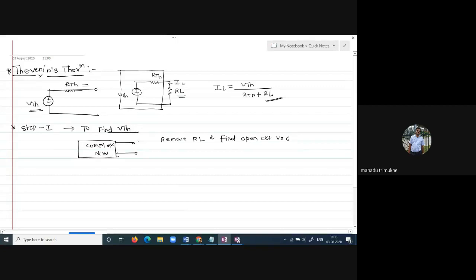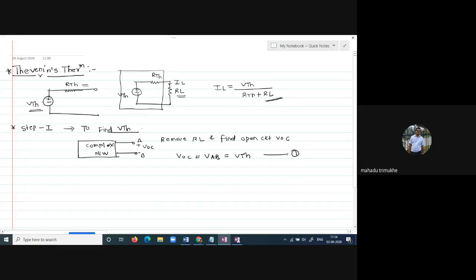We consider points A and B here, with positive and negative polarity, and that is your open circuit voltage VOC. The open circuit voltage VOC is your Thevenin voltage. The voltage across points A and B is nothing but your VTH.